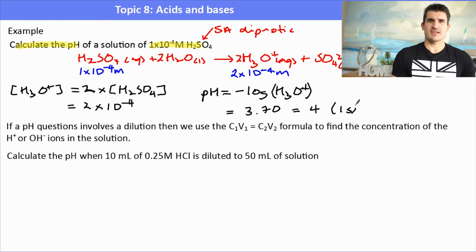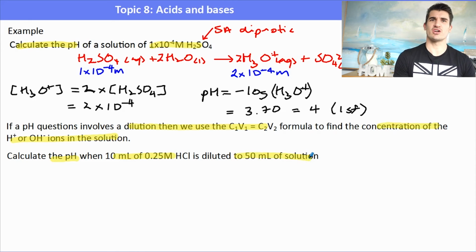Okay, the final type of acid-base question that you might come up against is where we have a dilution. So if they talk about diluting a sample, then we need to use the C1V1 equals C2V2. So calculate the pH when 10 mils of 0.25 molar HCl is diluted to 50 mils of solution. So what we need to do here is calculate C2, which will be the hydrogen ion concentration.